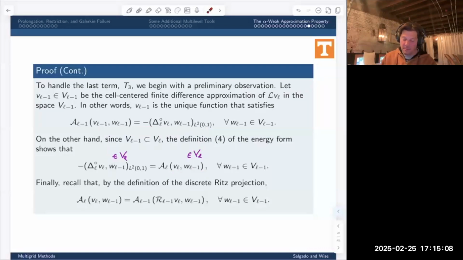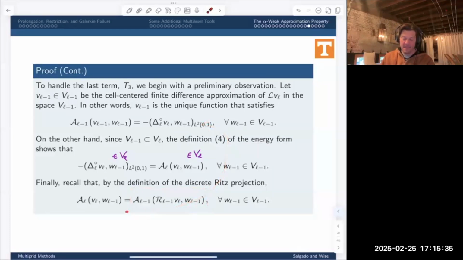Now we're going to recall by the definition of the discrete Ritz projection operator that this Ritz projection operator here satisfies this equation. All right. Well, now this object here is the same thing that appears here. Okay. So now in the end, I can replace this object for that object.